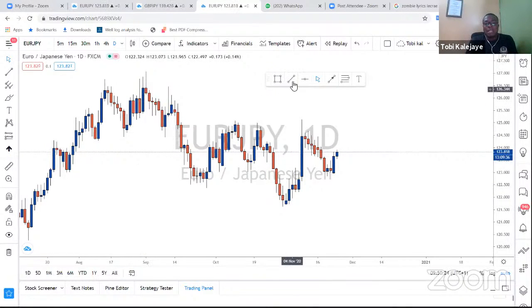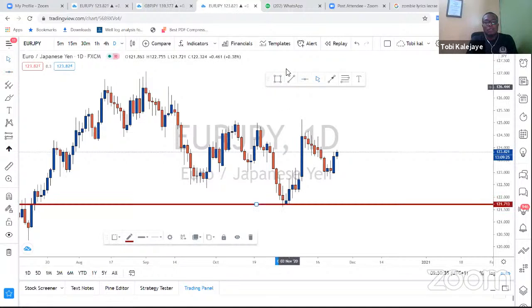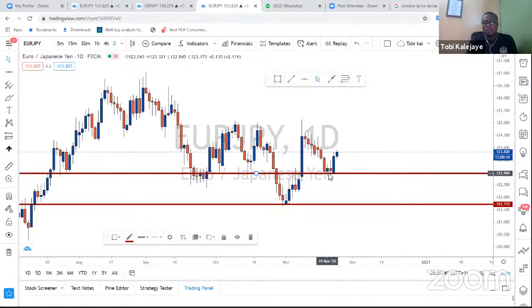So looking at this right now, if I want to trade Euro JPY today, what's the first thing I want to do? On the daily time frame, I come out and I can mark out my levels. I'm using a longer horizontal line now. Why I tried to use a shorter line the other time was so that I don't bring in too many complexities.